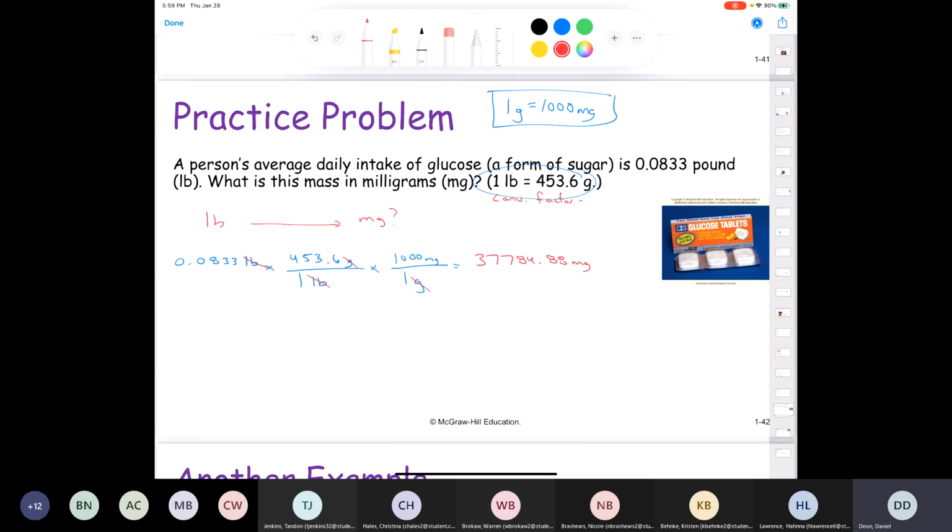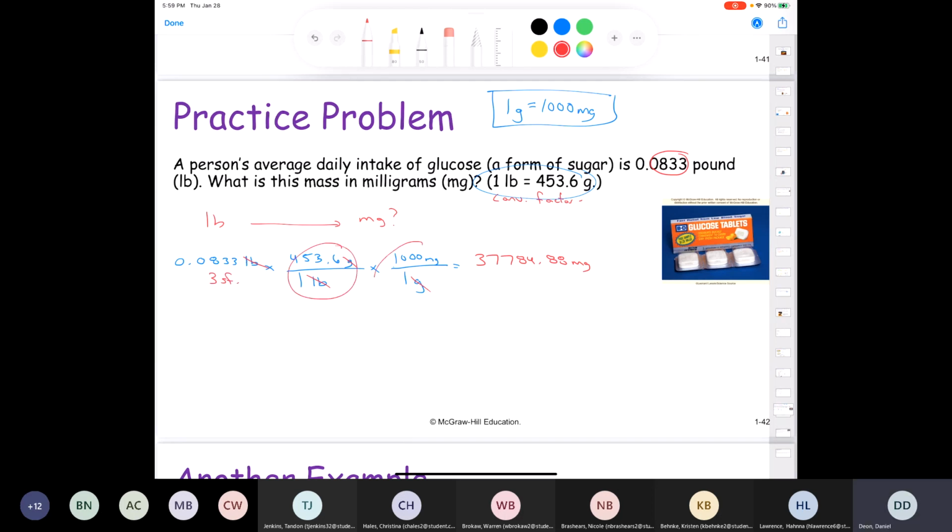Now that number has 7 significant figures in it. Could anybody tell me how many significant figures should there be in my final answer? The answer is 3, because I only start out with 3 significant figures in this number, right? 0.0833 only has 3 sig figs in it.